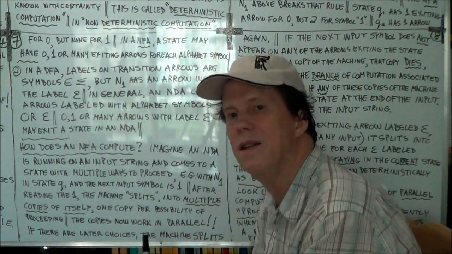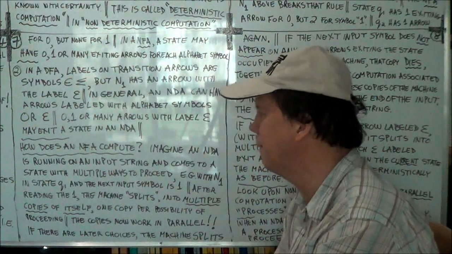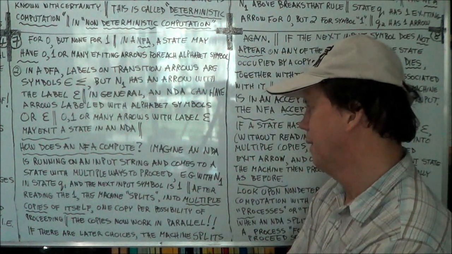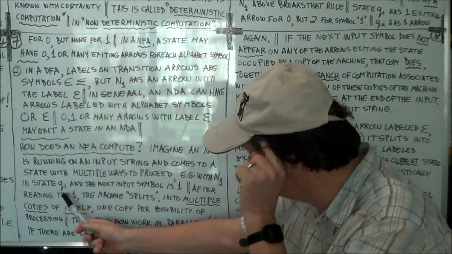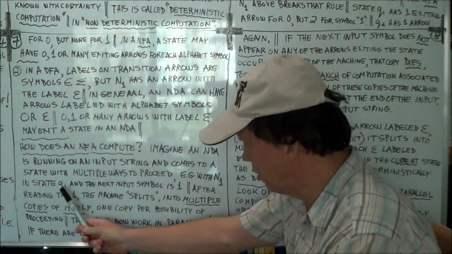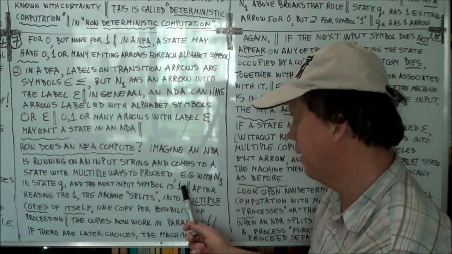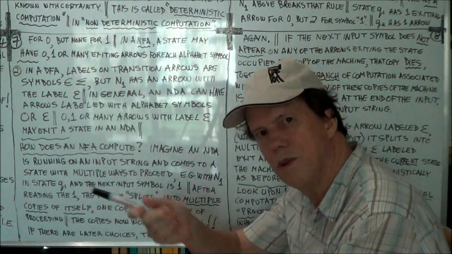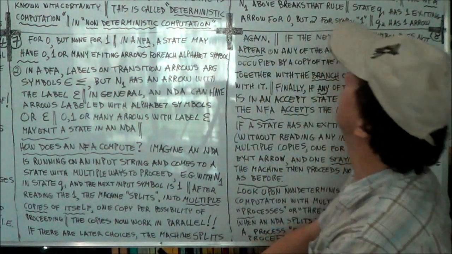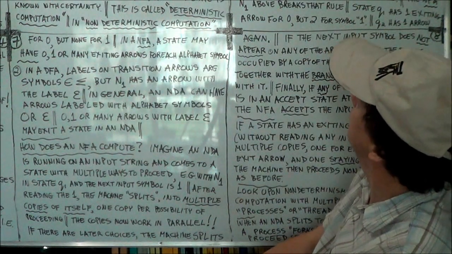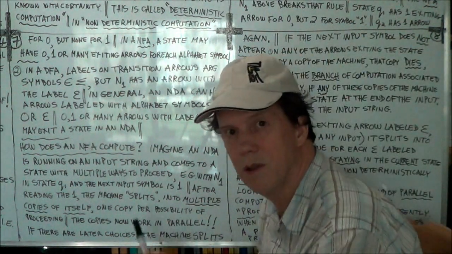For an NFA. Okay. Now what happens is, for example, in the previous session, we were in state Q1, and the input symbol was 1, and there were two possible next states. It went back to Q1, or it went to Q2.